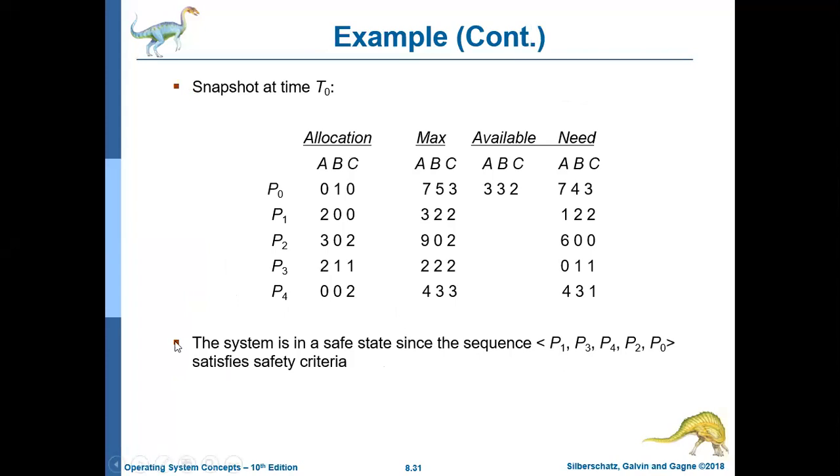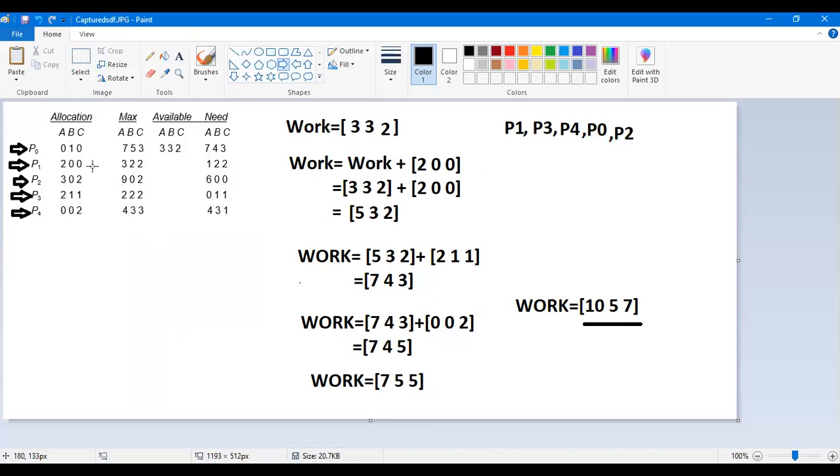Some people do it like this: suppose after P1 you are taking P3 here. After P1 you can go again to check from P naught. This is totally dependent upon the loop. After execution of a process, you may start from the top. It is under your hand.